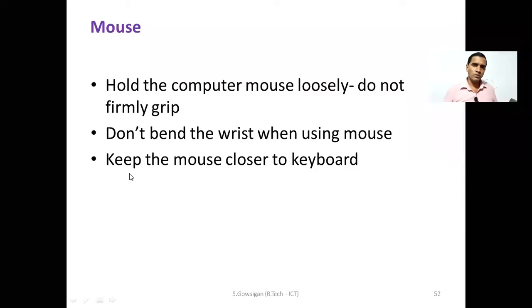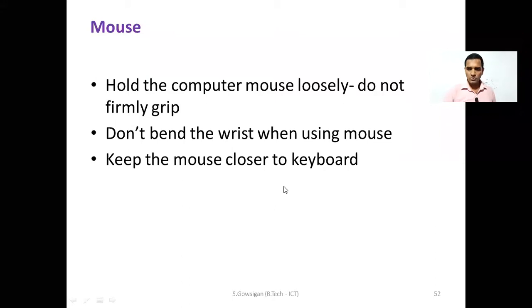So you have to use the same hand, because when you are using the keyboard, you use both hands. So one of the hands should be used for the mouse. If the mouse is a little far, definitely you have to move your hands here and there, right? That may affect your arms, right? So that is not good. So keep them close as much as possible, right? So these are the things related to mouse.